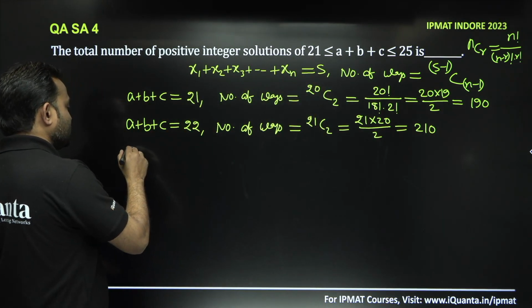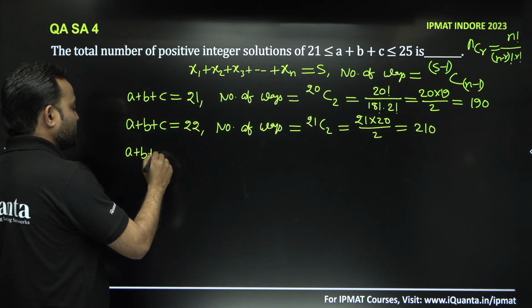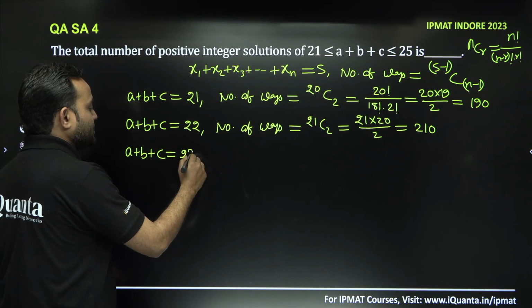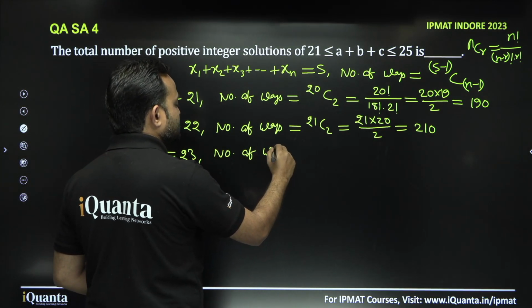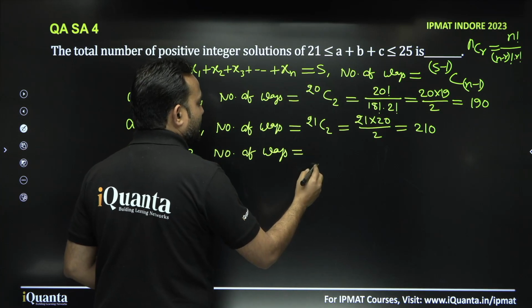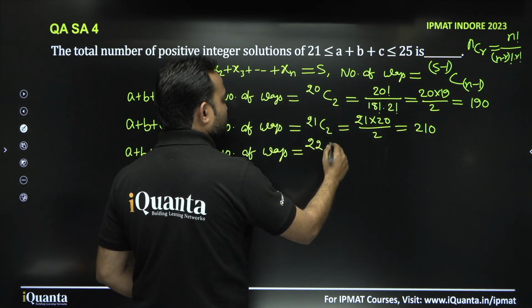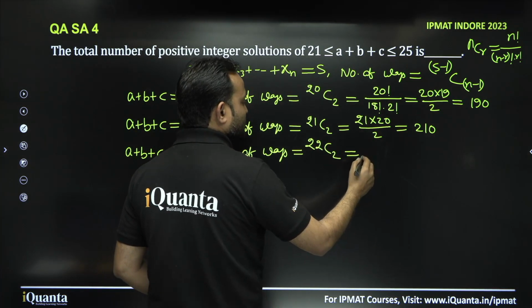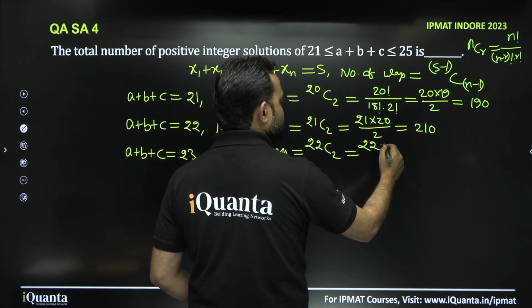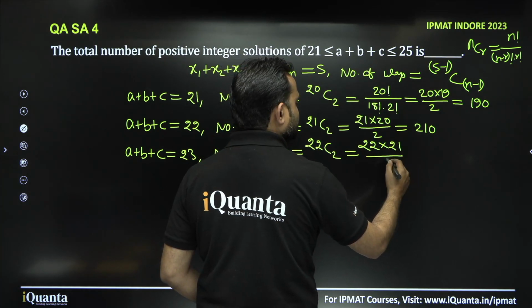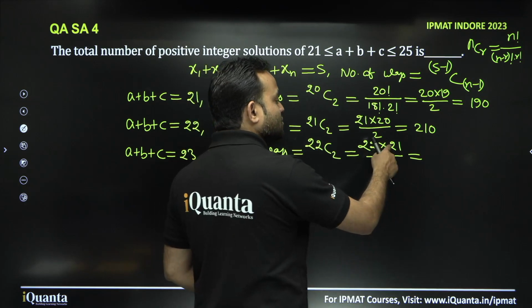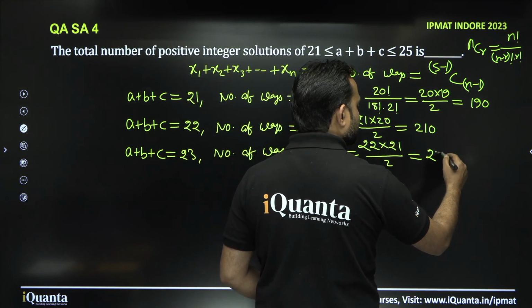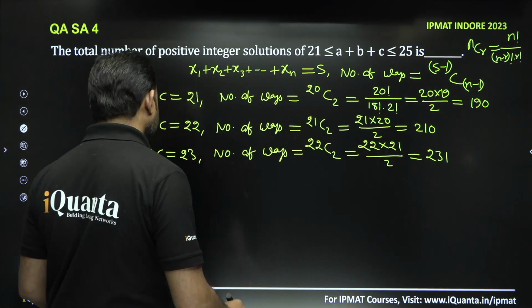Now take a plus b plus c is equal to 23. Then number of ways will be 22c2, which is equal to 22 into 21 divided by 2. So 22 divided by 2 is 11. 210 plus 21, this will be 231.